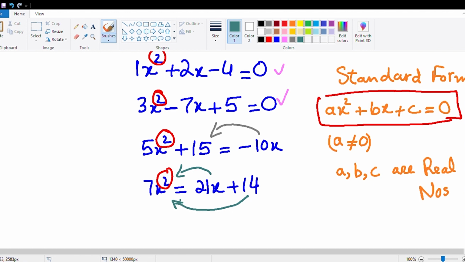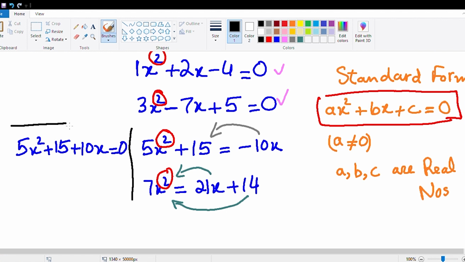When we move both of these, their signs change. Both of them are positive, so both will become negative when they go to the other side. Let me write it down. We'll have 5x squared plus 15, and when minus 10x goes to the other side, it will be plus 10x equals 0. Just draw a line to separate these.